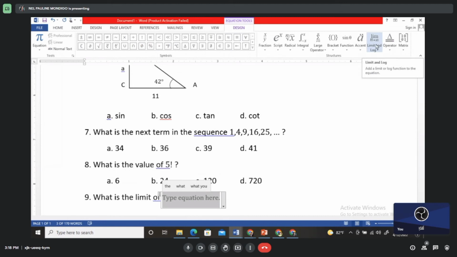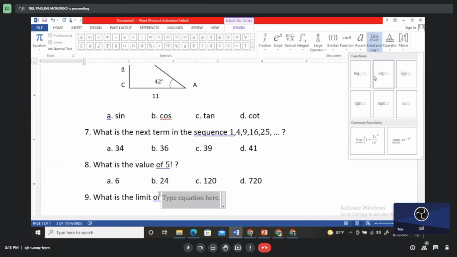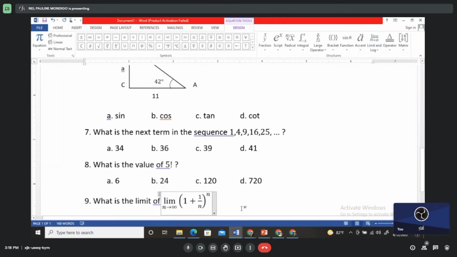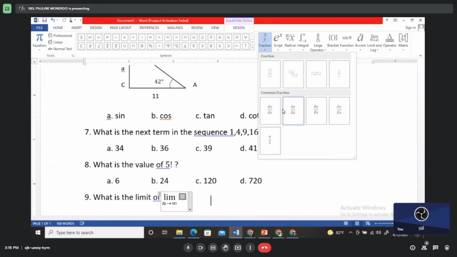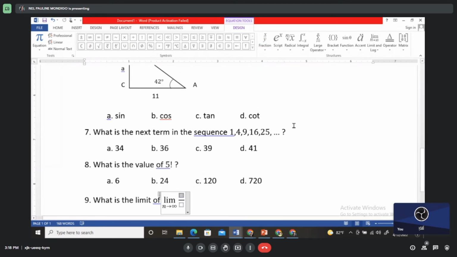Then at the top right, click the limit and log, choose this, and delete this part because we will change it based on what we have in our exam. So add fractions, 5x plus 2 over 2x minus 3. It's not infinity because it is 3.